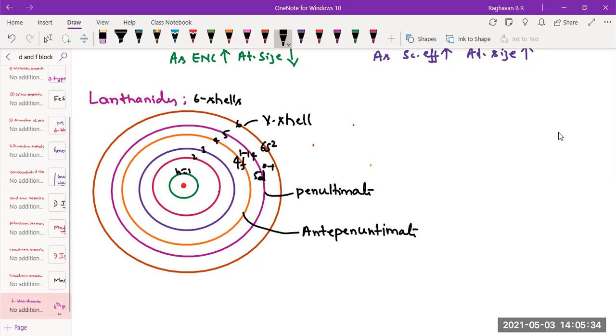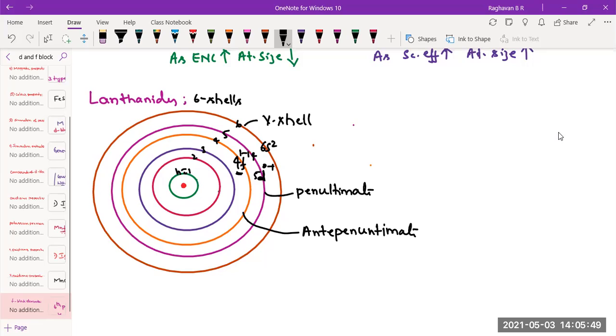So always from cerium to lutetium, as we move, electrons will be added to 4f.